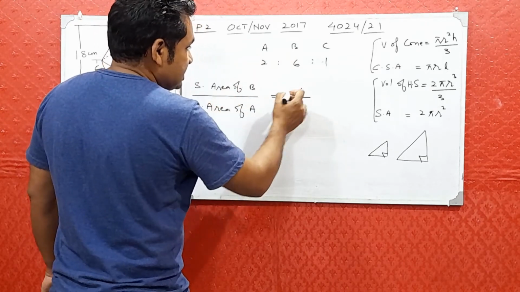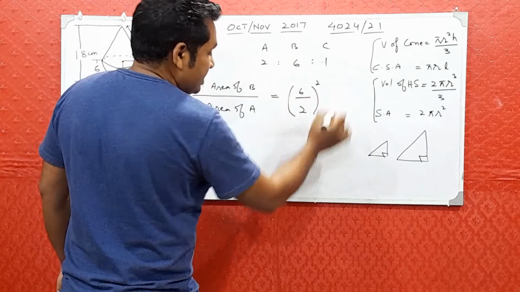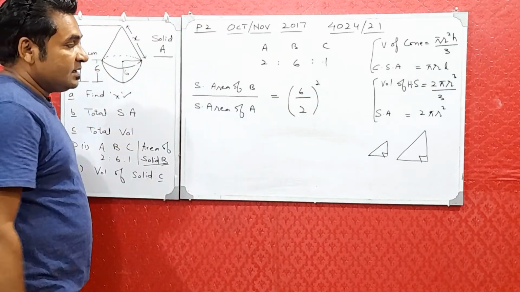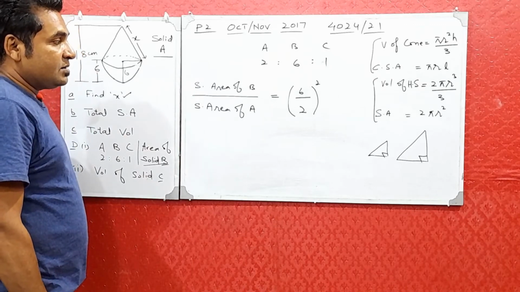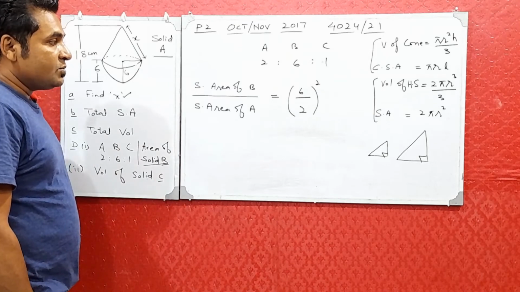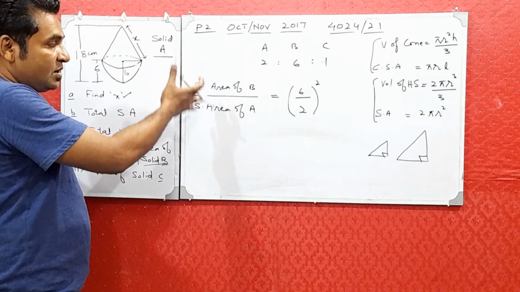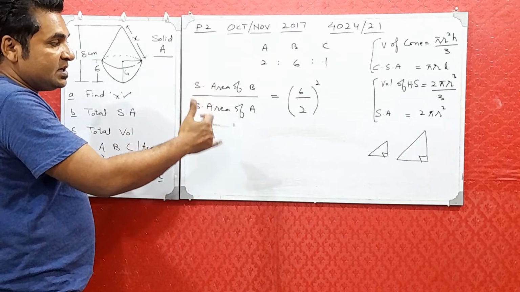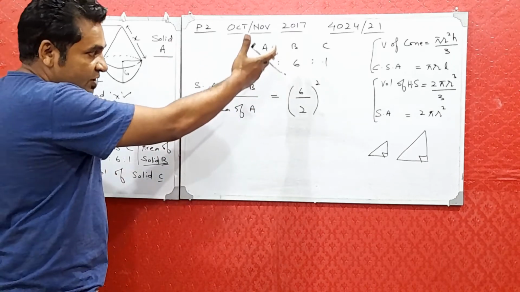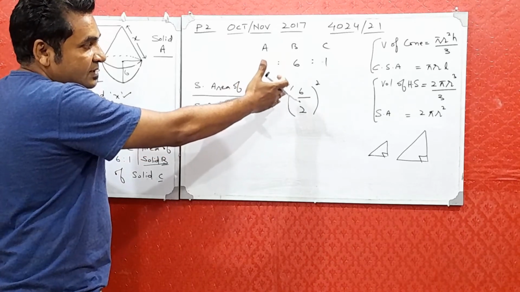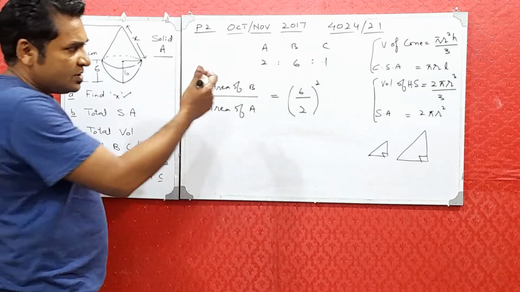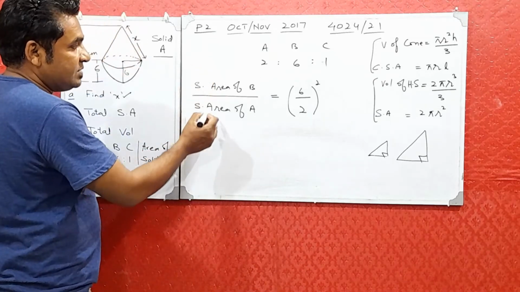Because this is area, we use a square here. This is given in the chapter, and when you study it you will come to know that if shapes are similar, then the ratio of their areas is equal to the square of the ratio of their lengths. Now just substitute the values.